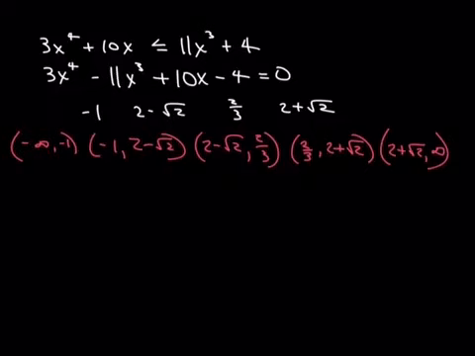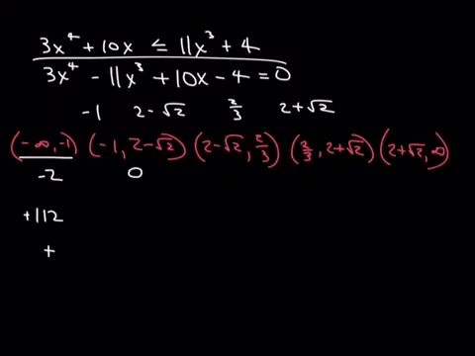Then we use our test values. For our first interval, somewhere between -infinity and -1, we're going to use -2. When we plug -2 into this original problem, it kicks out a 112, a positive. So we put the sign right there. When we plug in 0 here, it kicks out a -4, so it gives me a negative.